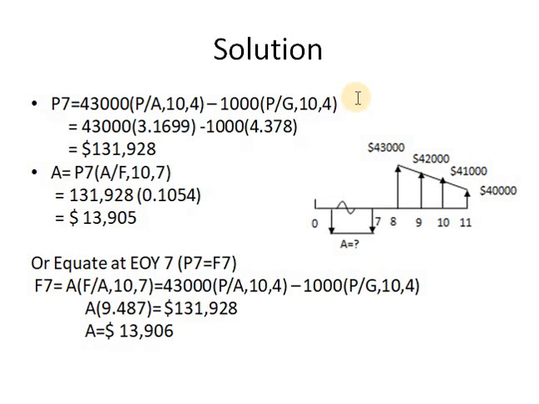They said that they will begin from 40 and they will increase by a gradient of 1,000. However, this is wrong, because you always have to begin from the base amount, the first amount that you see. Whether the gradient is increasing or decreasing, you change this from the sign here. That's it. So I got the present value at year 7.